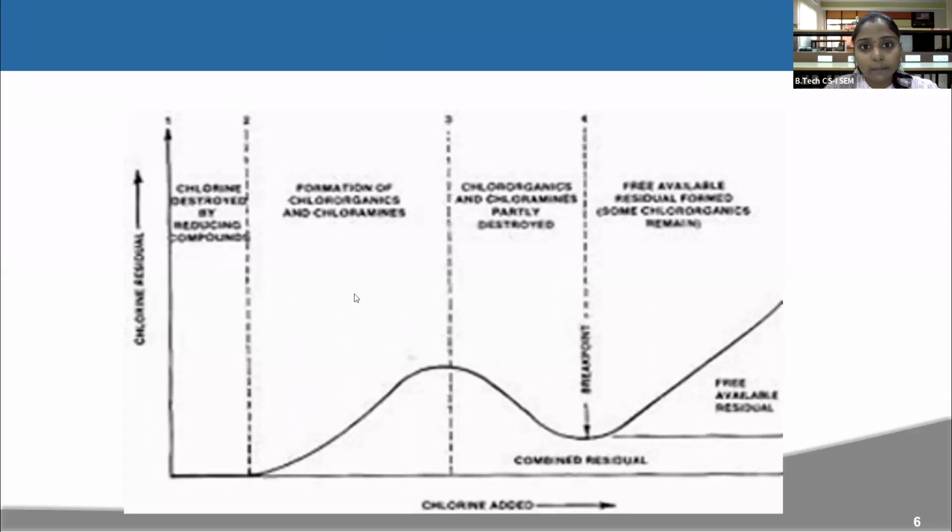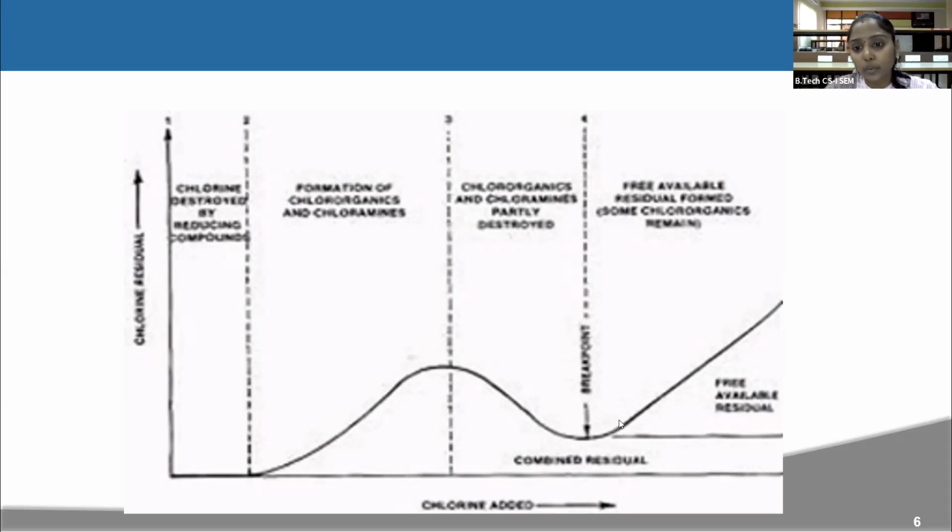But some bacteria, microorganisms, and impurities are still present. If you add some more chlorine, a lesser amount of residual chlorine is present, so the graph decreases.